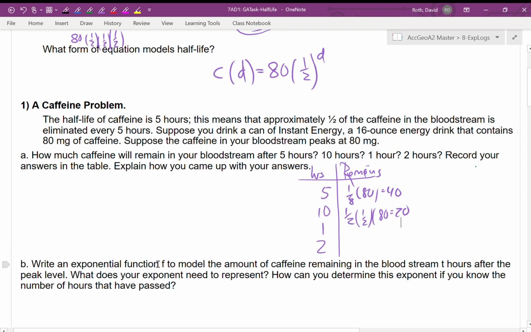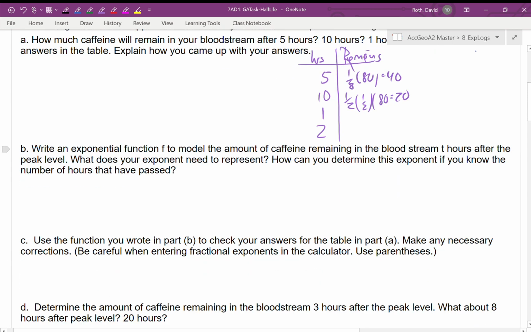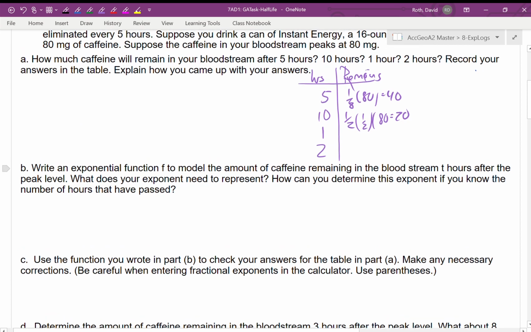What exponential model? Let's go on to B. What exponential model will do that? I think it says F, call it F, fine. F based on time, T, in this case being the number of hours, is the initial amount of 80. And I'm still saying I'm taking half to how many times?